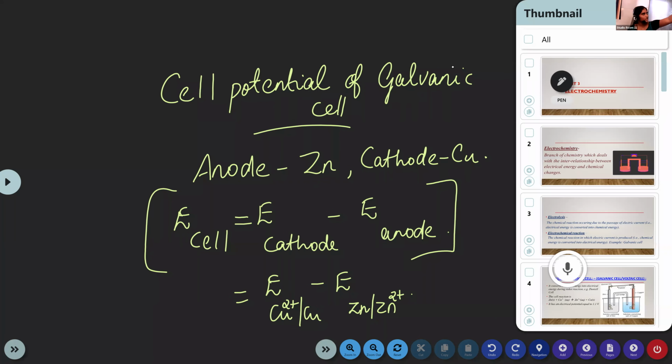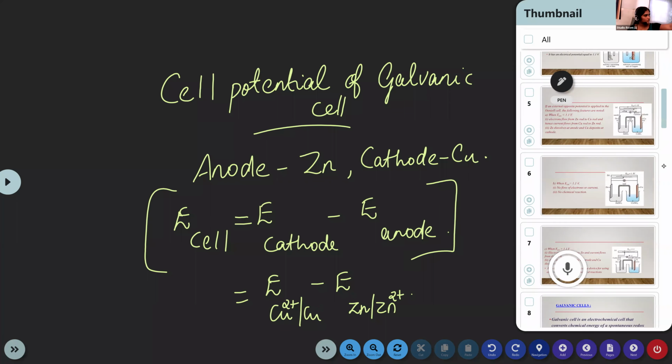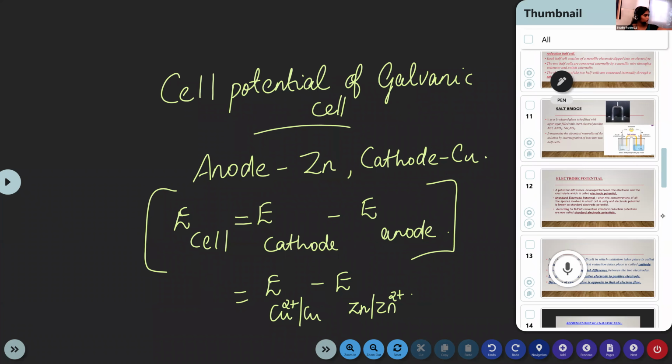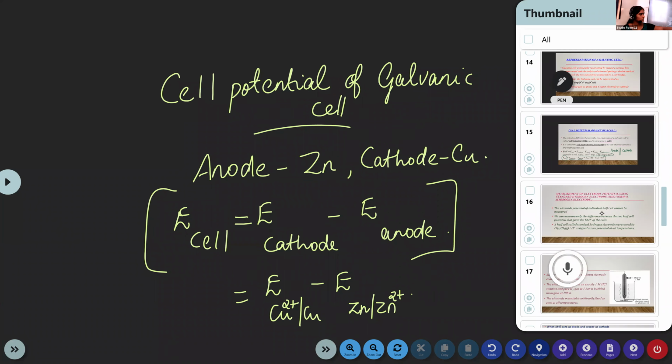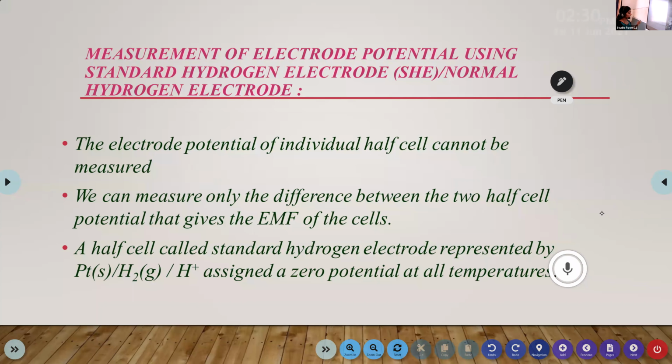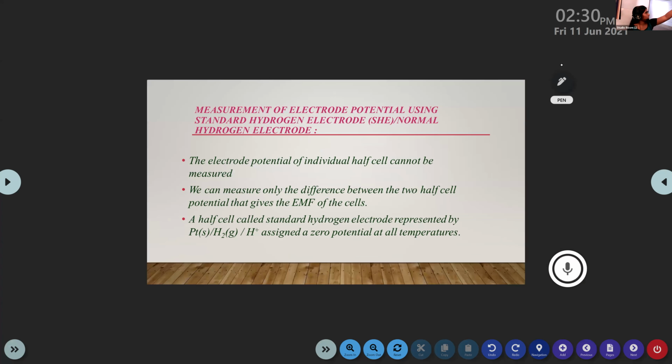Then we are moving to the next topic, that is the measurement of electrode potential using standard hydrogen electrode. You can write the heading: Measurement of electrode potential using standard hydrogen electrode or normal hydrogen electrode.